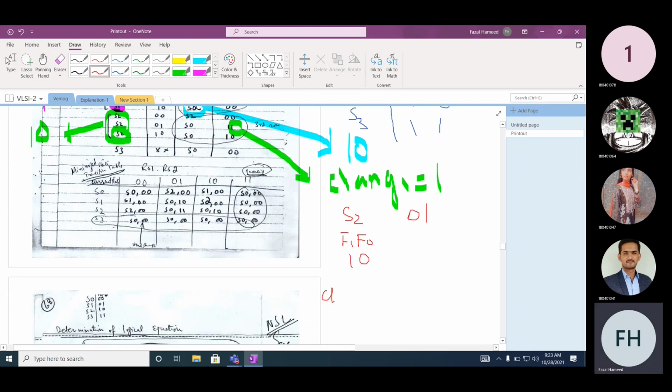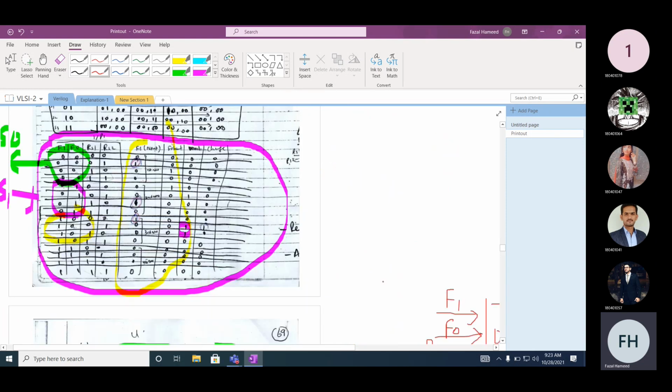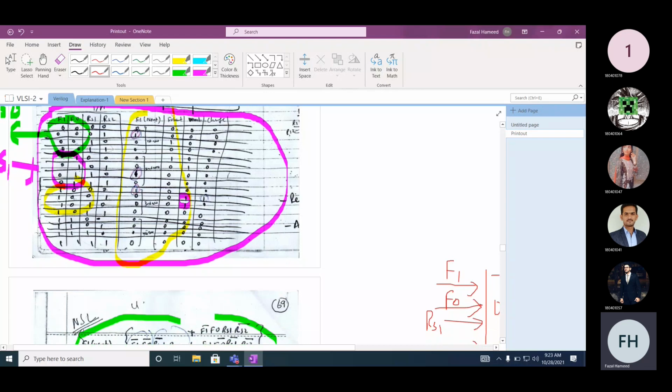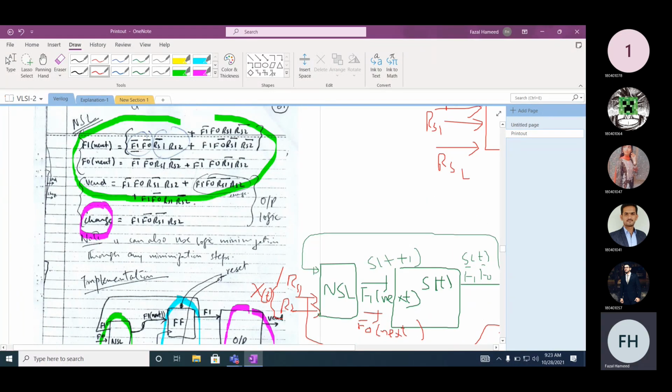So the change will be 1 when F1 is 1, F0 is 0, and R1 bar R2, because now there is a single one. But if you look at the other condition for vend, how many times is vend 1? 1, 2, 3. So actually for vend there are 3 expressions.